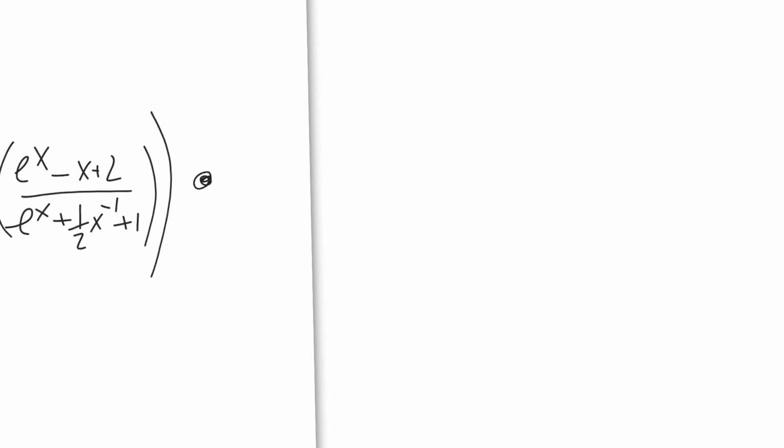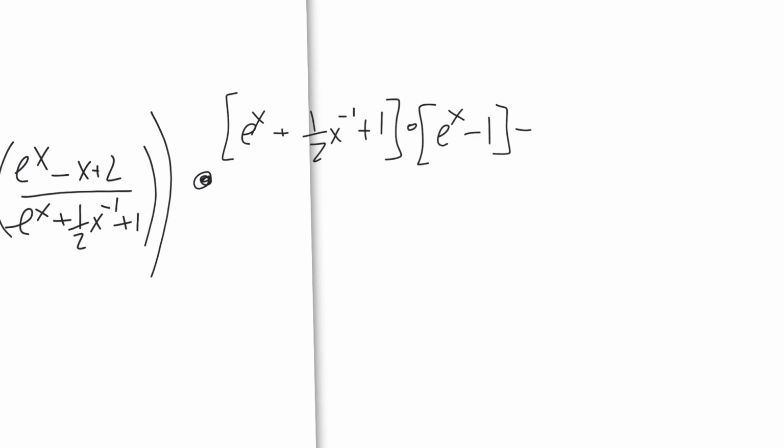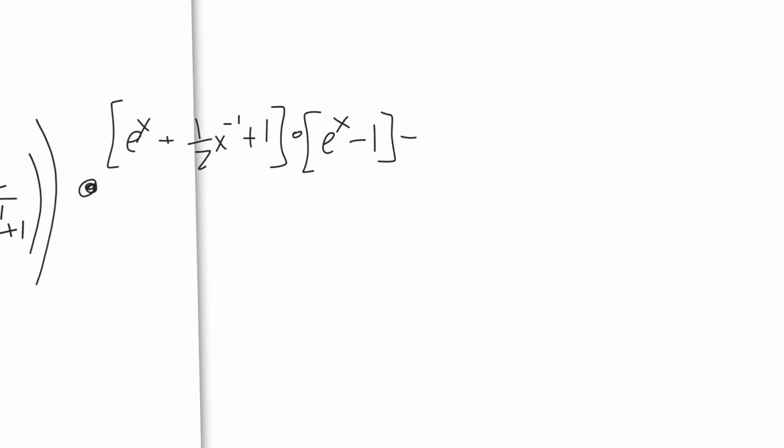So we're going to do low d high. Low is going to be e to the x plus 1/2 x to the minus 1 plus 1. D high is going to be e to the x minus 1 less, let's just keep moving this screen on over, high e to the x minus x plus 2, d low.